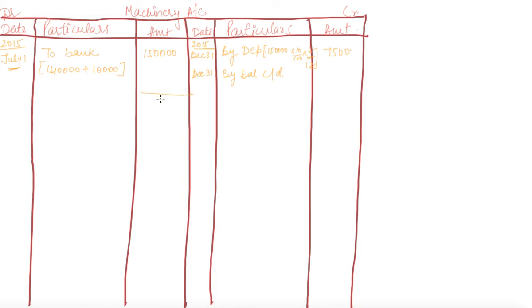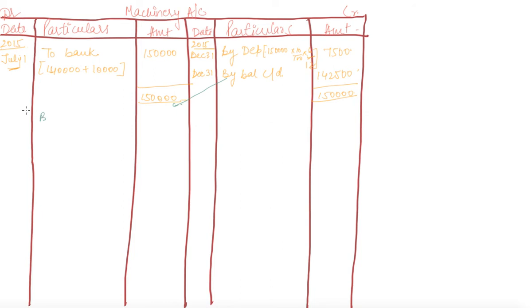First of all, for that we are required to total both sides: rupees 1,50,000 here and rupees 1,50,000 here. What is the difference? The difference is rupees 1,42,500, and it is your balance c/d, which is required to be transferred to the first date of the next year.